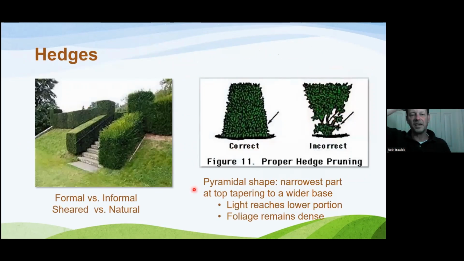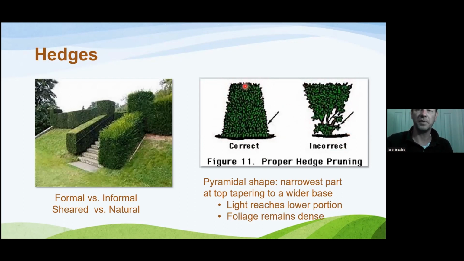A big thing as far as hedges is the formal versus informal, or sheared versus natural. If you are going to do some formal shearing, a big thing to make sure is that you have somewhat of a pyramidal shape where the top is narrower than the bottom. If the top is wider than the bottom, what's going to end up happening is the sides are going to end up being shaded out.